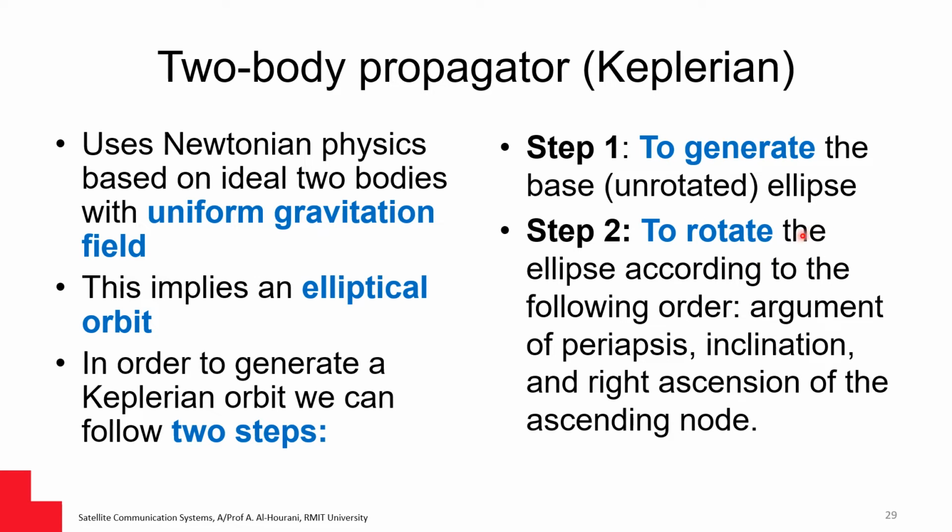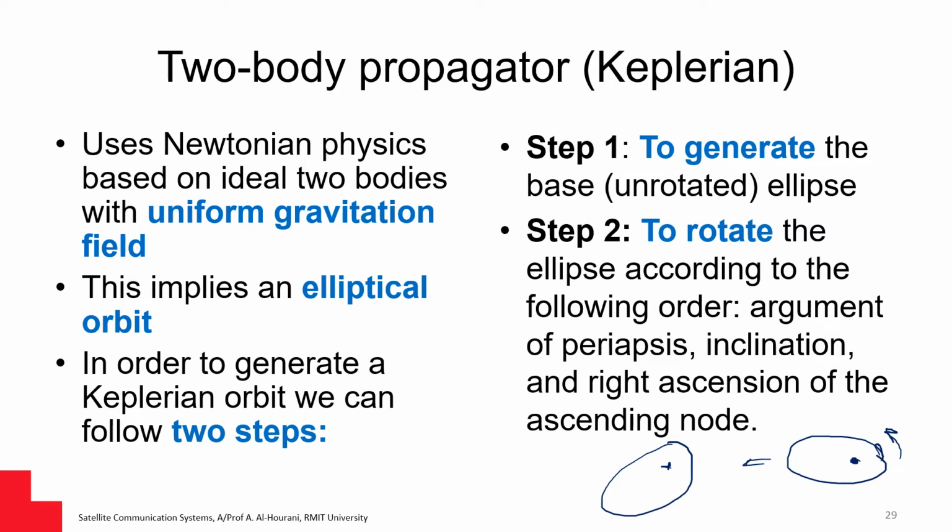There are three rotations that you need to apply to the ellipse. So here's the base ellipse. The first rotation is that the ellipse needs to be rotated, and here's the Earth again. We call this rotation the argument of periapsis rotation.